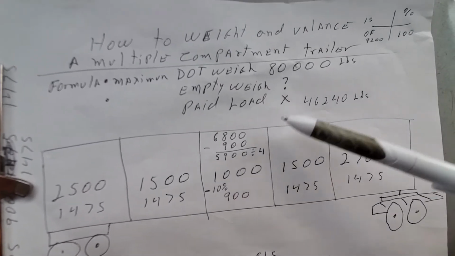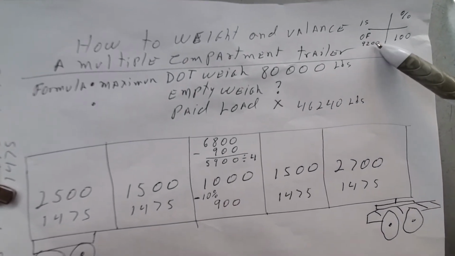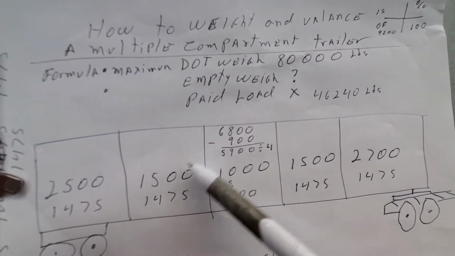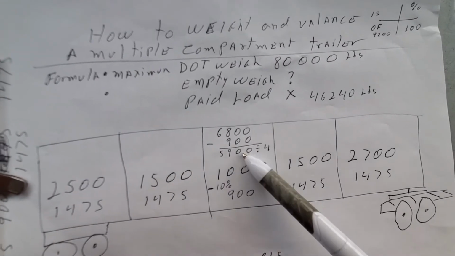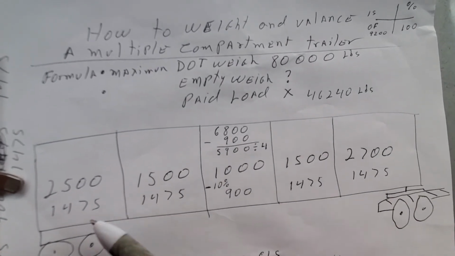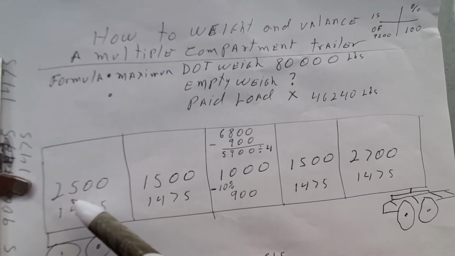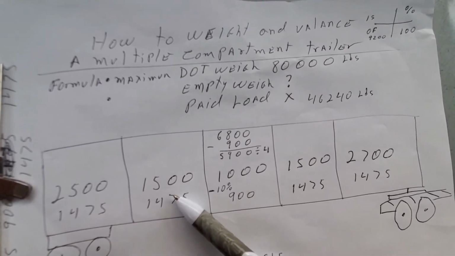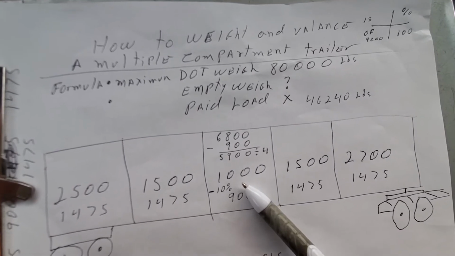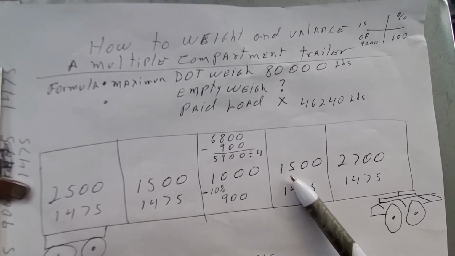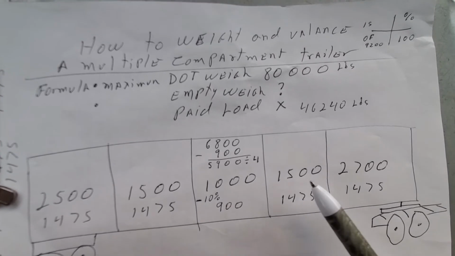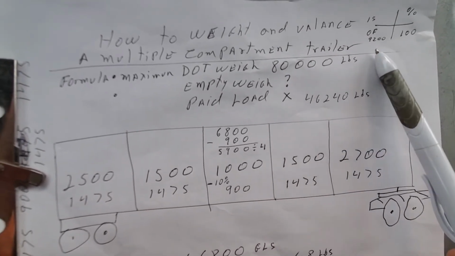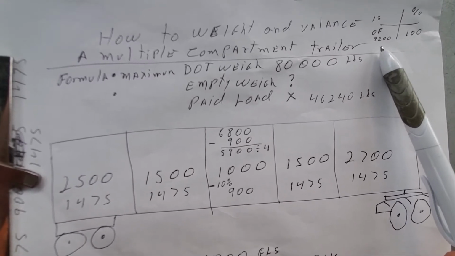So what I do is a simple percentage. To obtain the percentage, you must know each one of the compartments, so you add them up: 2,500 gallons plus 1,500 gallons plus 1,000 gallons plus 1,500 gallons plus 2,700 gallons, and that works out to about 9,200 gallons.